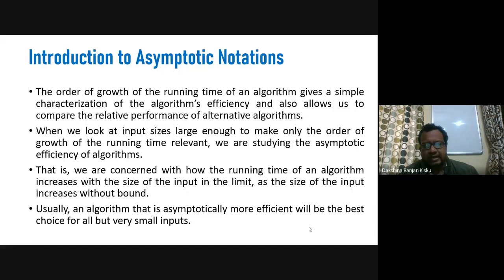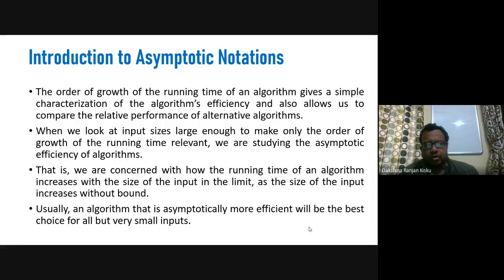As I said, if we have a problem P, and for that problem we have n number of solutions, then we compare the n number of solutions with each other, and after comparison we will select an efficient solution or efficient algorithm, and that efficient algorithm will then be converted into a program, and that program will be executed. So when we compare the alternative algorithms, we need to compare them in terms of the growth rate of the running time.